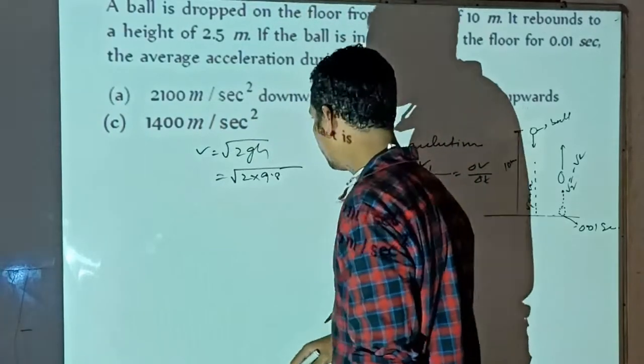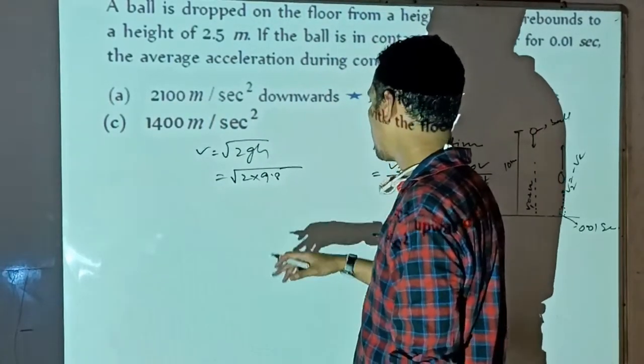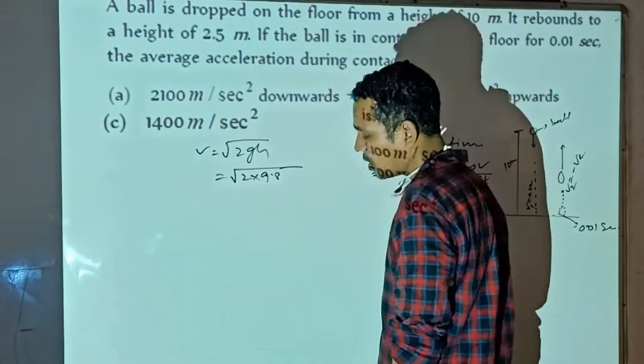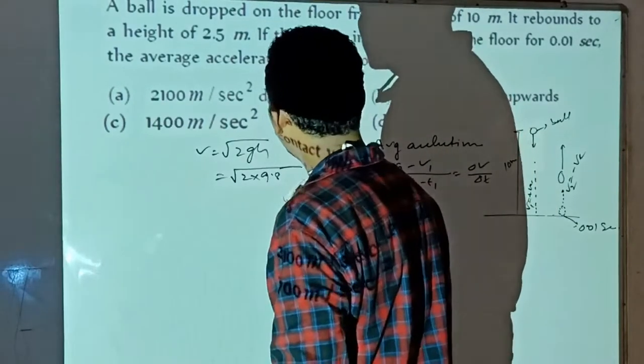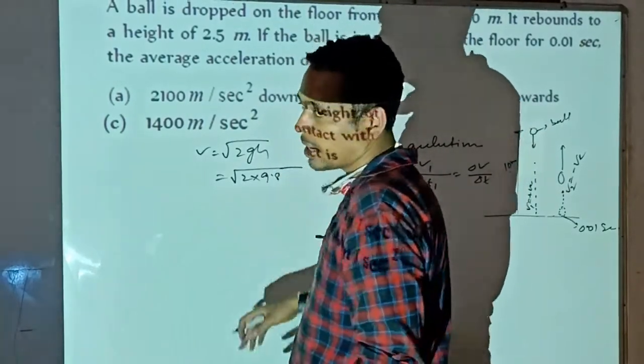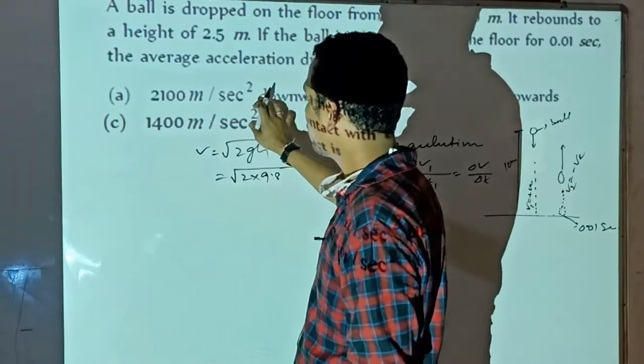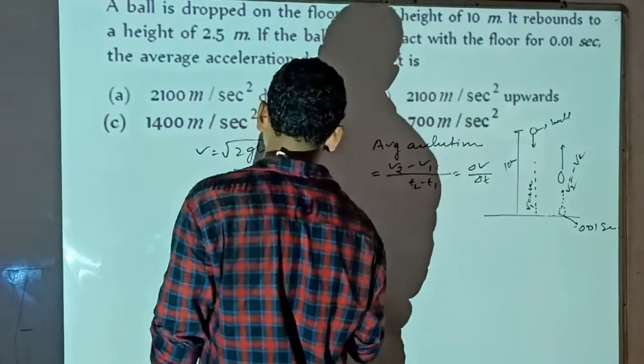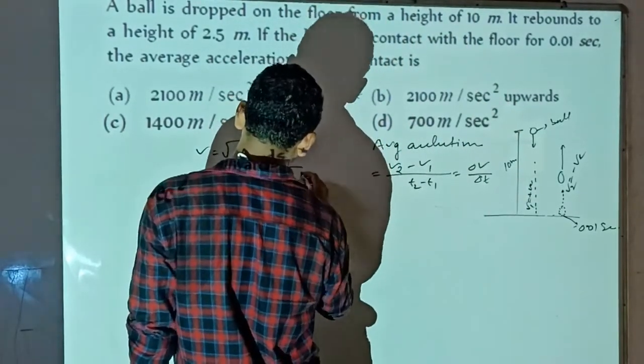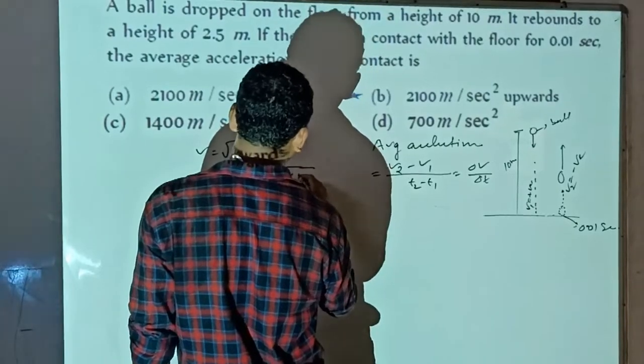Anyway, if g has not been mentioned, you can take either 9.8 or 10. But tomorrow, if the answer has 10 in it, take 10, otherwise taking 9.8 is fine. The value of h is given as 10 meter.